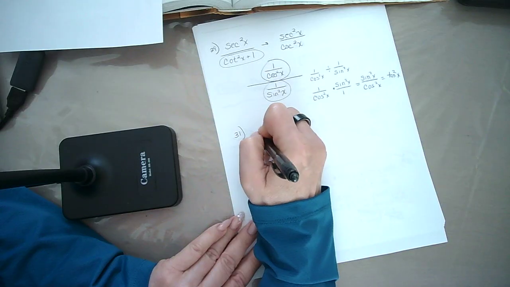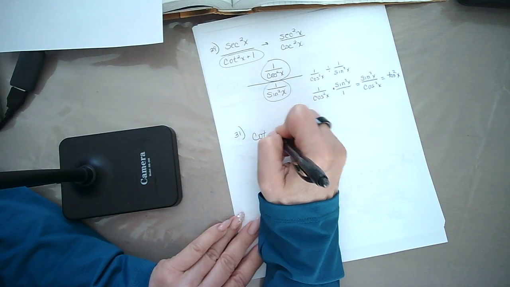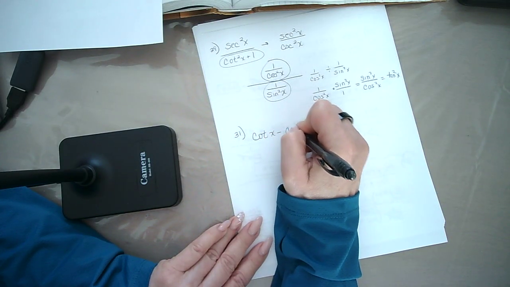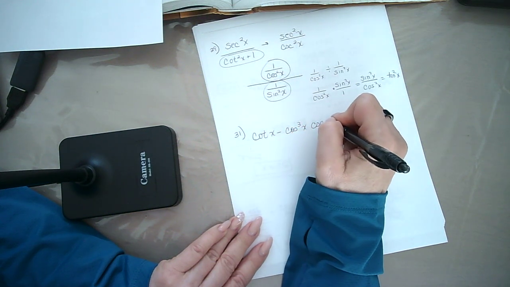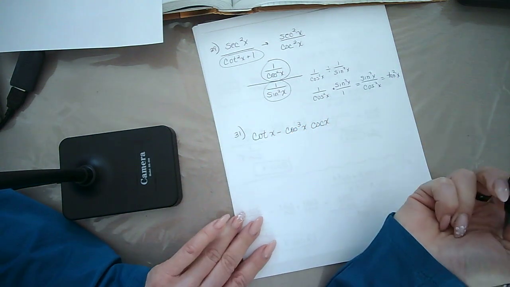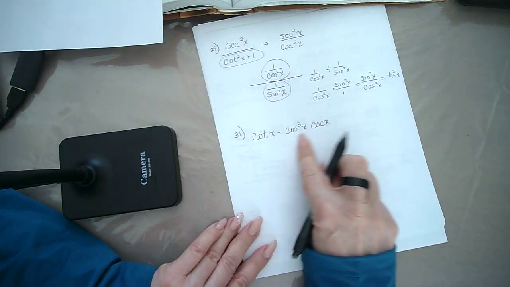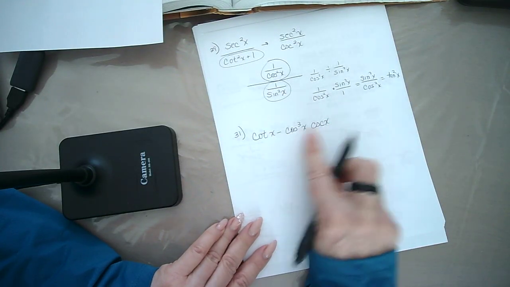31: cotangent x minus cosine cubed x cosecant x. I thought maybe I could factor something out, but I can't the way it's written, so I'm going to change it.